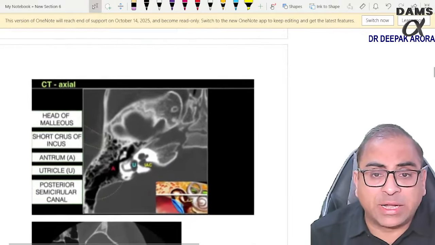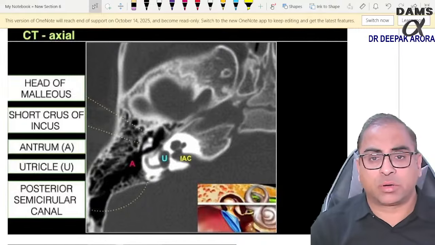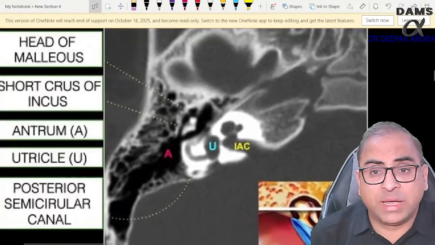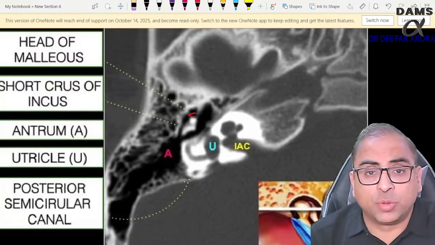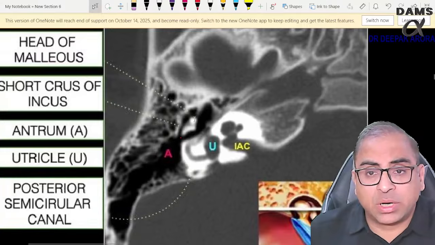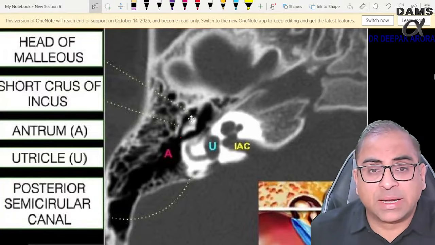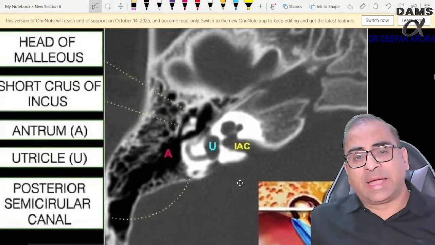Now, if we go into the middle ear, we are taking one by one all the important concepts. Head of the malleus, you should be able to identify the convex structure. This convex area should be your malleus, and next will be incus. If you go with the antrum, now what is antrum?